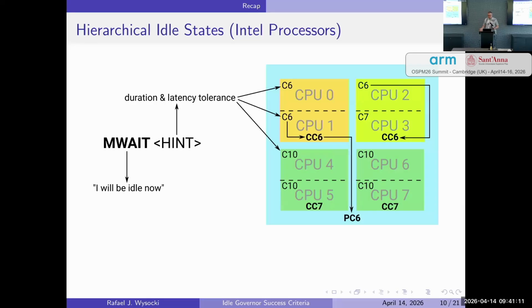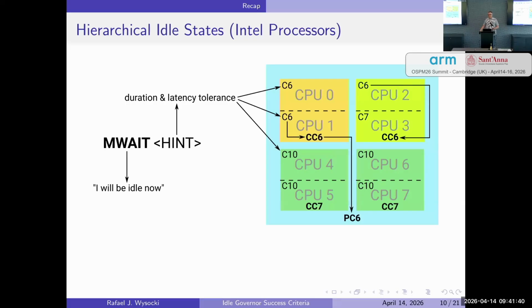And this hint gives the processor a license to do something in order to reduce power. It's like telling the processor, okay, the CPU is not needed, it will not execute instructions, and you may do something to reduce power. And the number after the C letter tells the processor how far it can go with that. So 10 means go as far as you want.